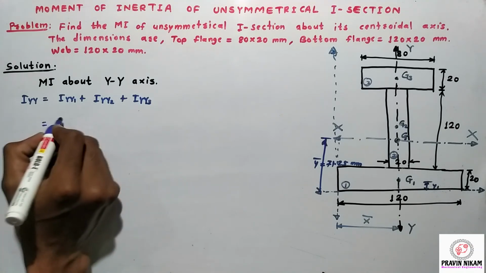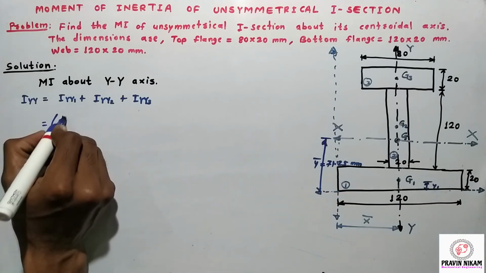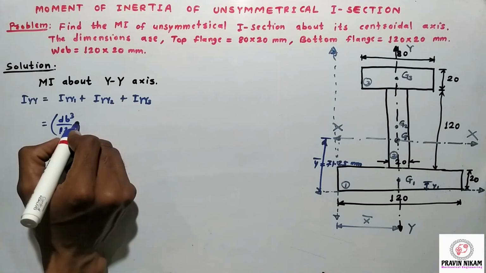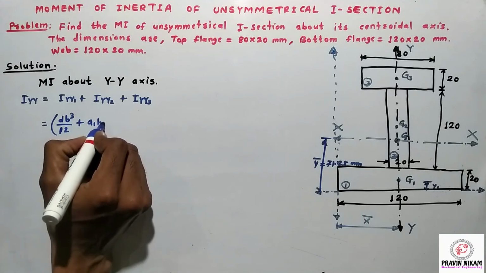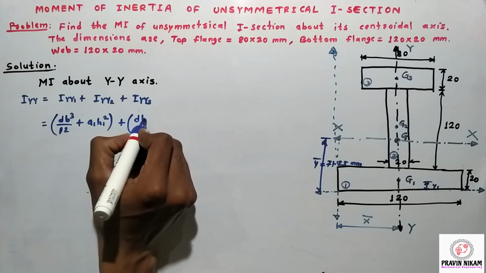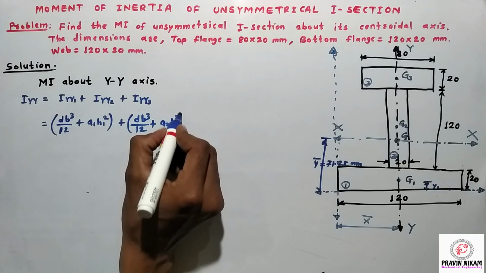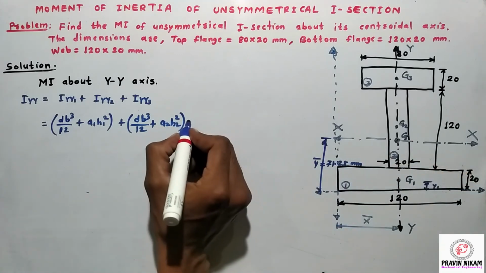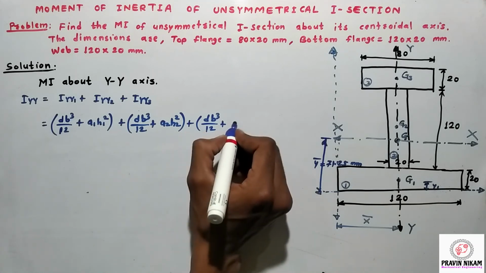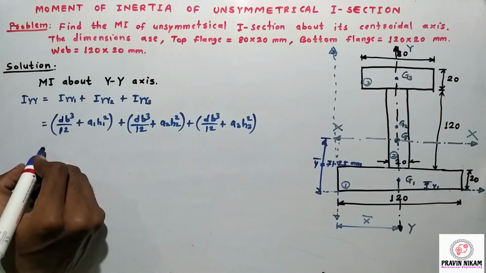For section 1, Iyy is dB cube divided by 12 plus A1H1 square, plus dB cube divided by 12 plus A2H2 square for section 2, plus dB cube divided by 12 plus A3H3 square for section 3.